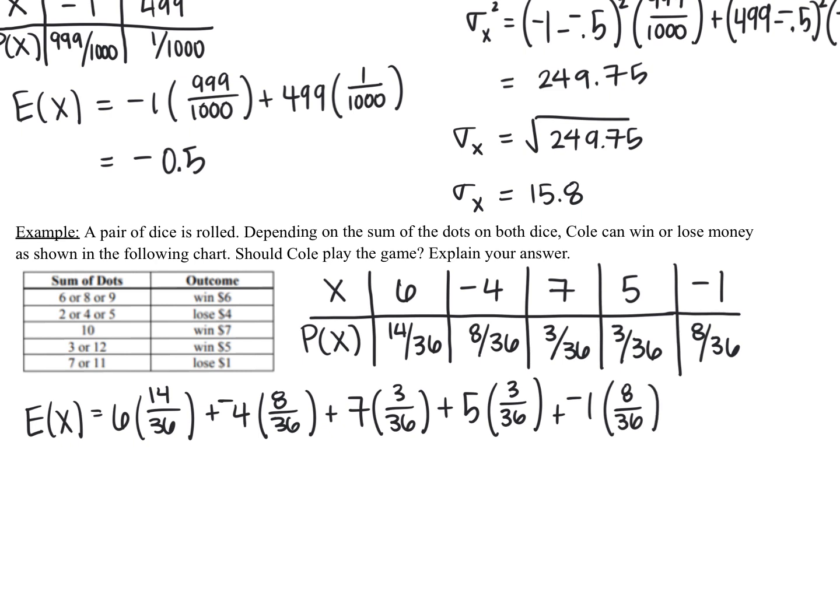When I plug that into a calculator, I'm going to get an expected value of 2.22. So that tells me my expected winnings in this case are $2.22 when I play this game in the long run. So should Cole play the game? Yes, Cole should play the game.